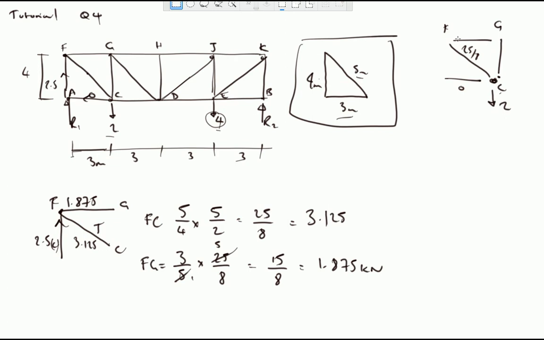So I'm calculating this vertical load in GC, and GC is 4/5, so it's in the ratio of 4 to 5 times 25/8.